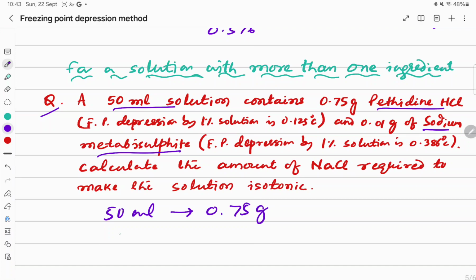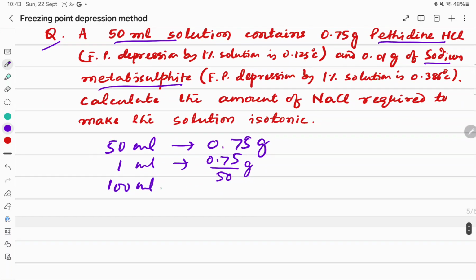So we have to calculate it for 100 ml. So 0.75 by 50 gram for 1 ml, for 100 ml, 0.75 by 50 into 100, so it will be 1.5%. So the pethidine hydrochloride percentage is 1.5%.